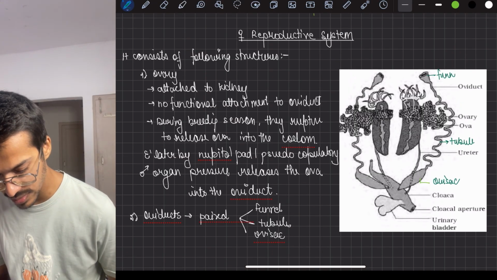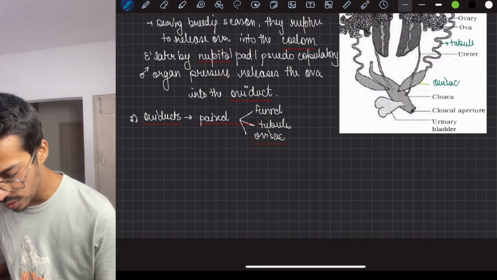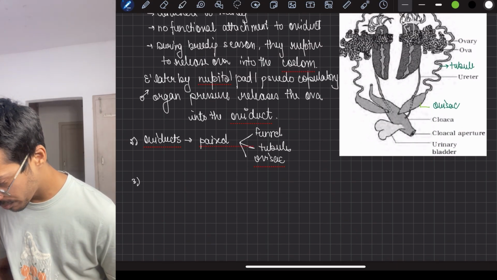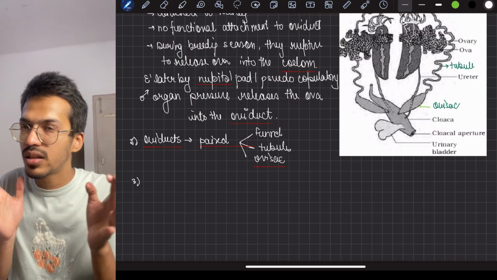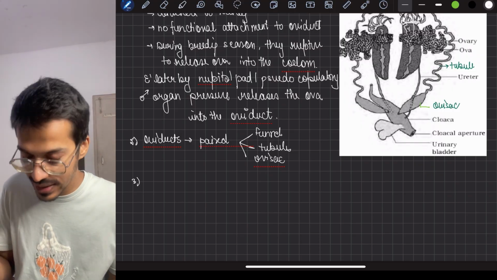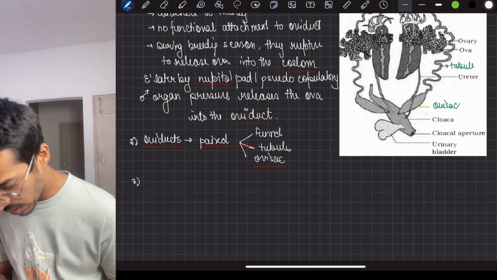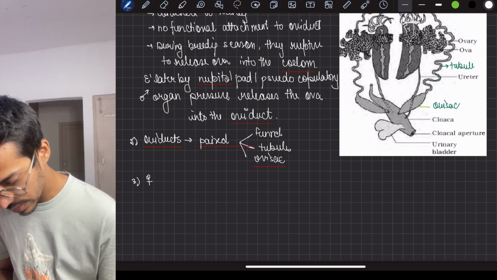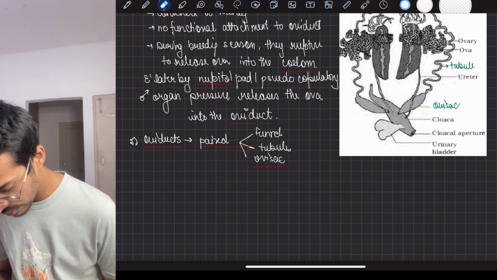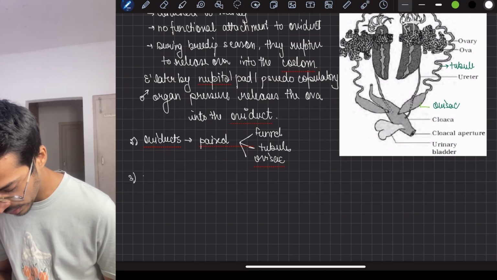Okay, the structure has been shown that way only. Then the next thing that you have to remember is how many eggs the female releases. Okay, so next part, wait a second, when it comes to structures, then it will release to what? Cloaca, we know that.